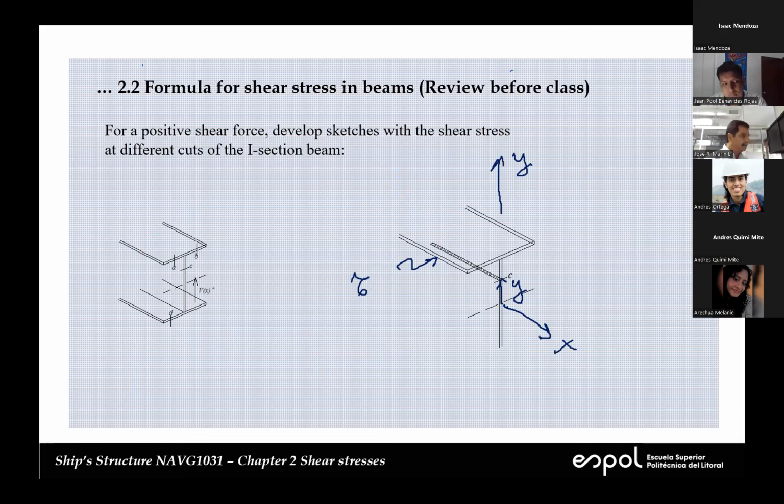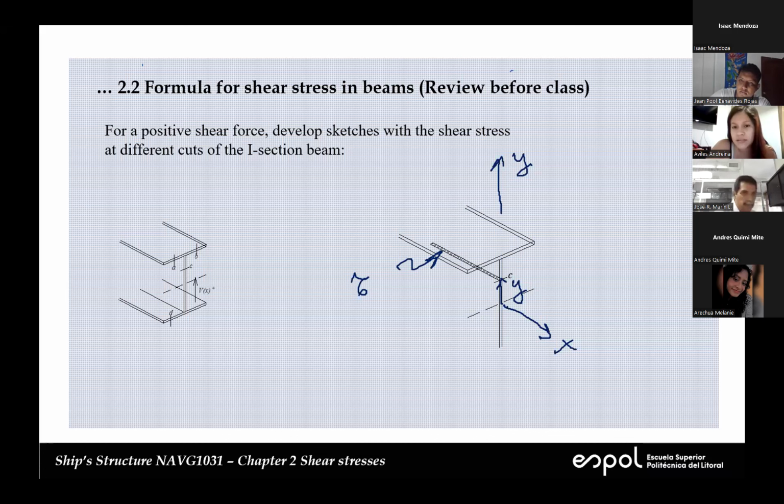Miss Avilés? It is YX. Exactly, YX. So Y because it's normal to that, and X because it points in the X direction.